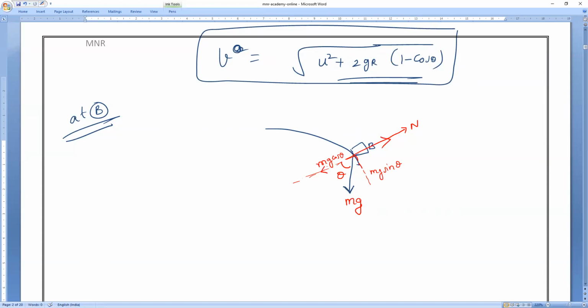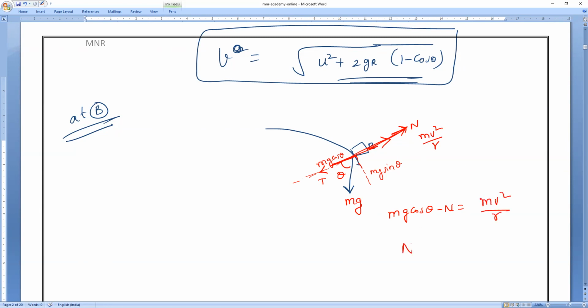Normal is like this and the tension is acting like this. So I can write mg cos theta minus N, which is equal to the centripetal force acting along the same direction, that is m v square by r.